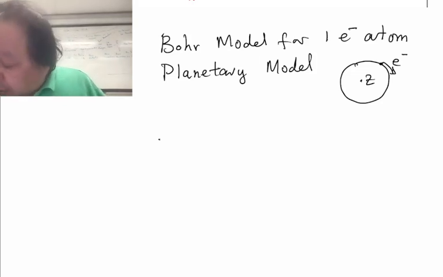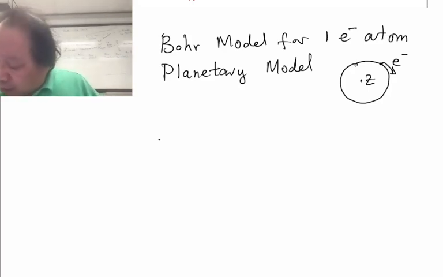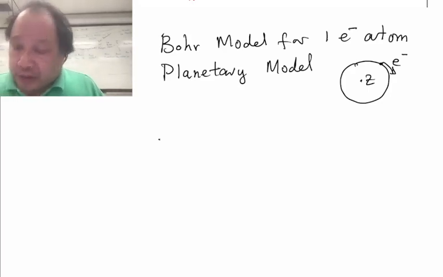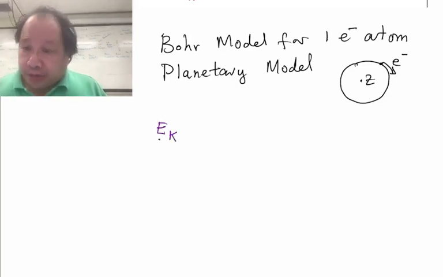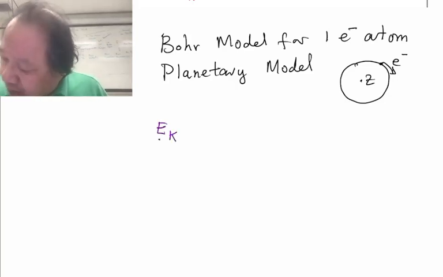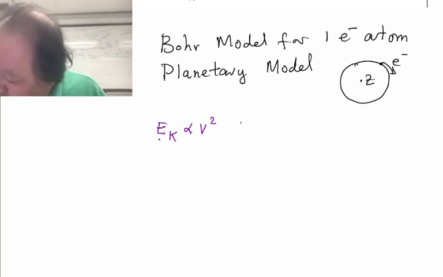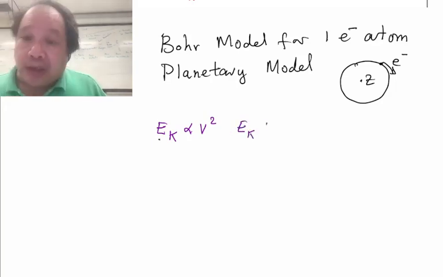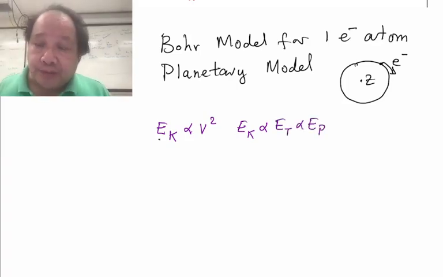And the kind of equations that scientists knew at that time, written as proportionality relations, they knew that EK was the kinetic energy and is proportional to velocity squared. They knew the virial theorem for electrons. EK is proportional to ET, which is proportional to EP for electrons in atoms.